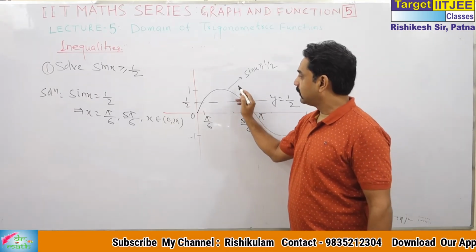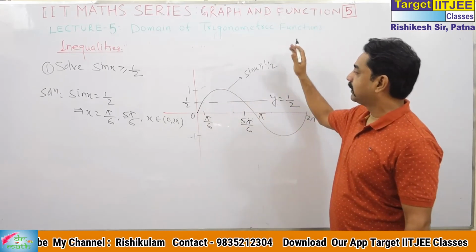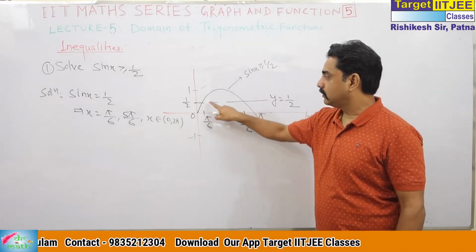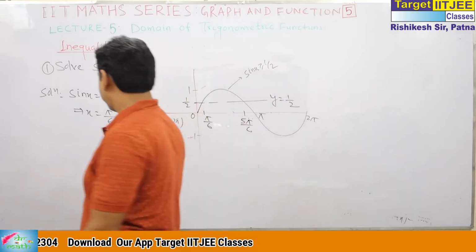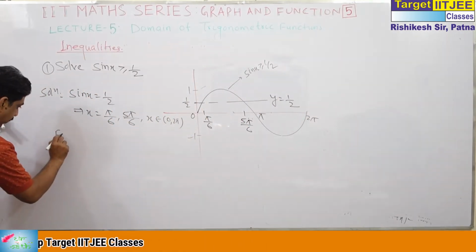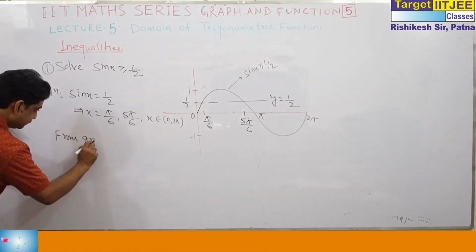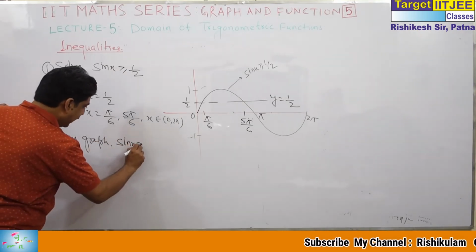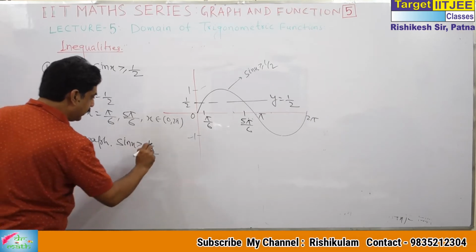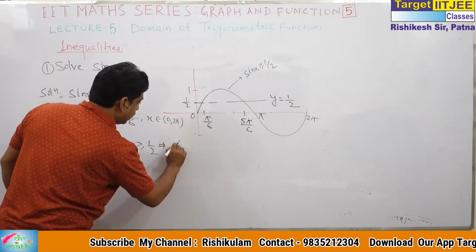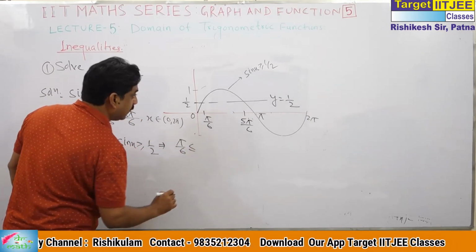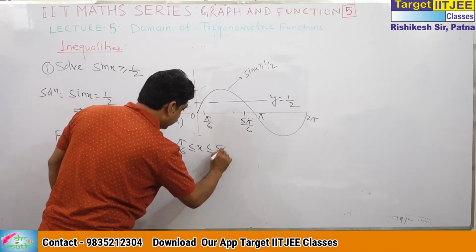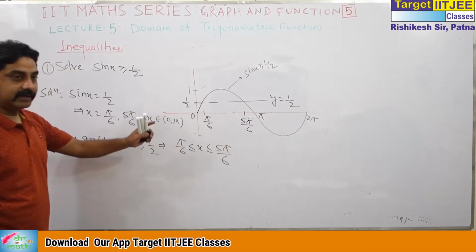Where does this portion lie? From the graph, we can say sin x is greater than or equal to 1 by 2 implies pi by 6 less than or equal to x less than or equal to 5 pi by 6.